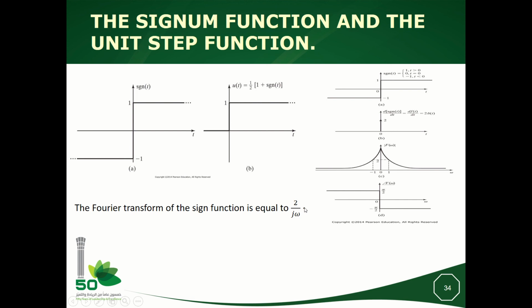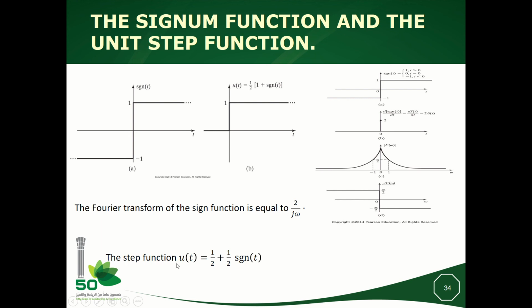And here the plus k times delta of omega is equal to 0, because the average value of the sine at 0 is equal to 0. So the k will be equal to 0 in this case.